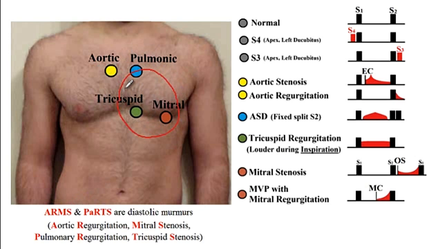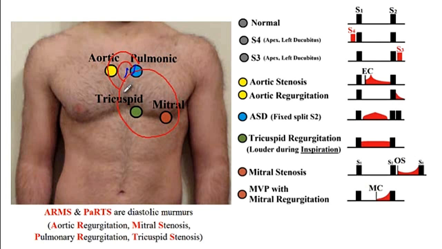So what happens with the aorta is that it will initially ascend and then later on will descend into the abdomen. So therefore the aortic murmurs like aortic stenosis and aortic regurgitation are best heard in the right upper sternal border versus the pulmonic valves, which are best heard in the left sternal border, left upper sternal border.